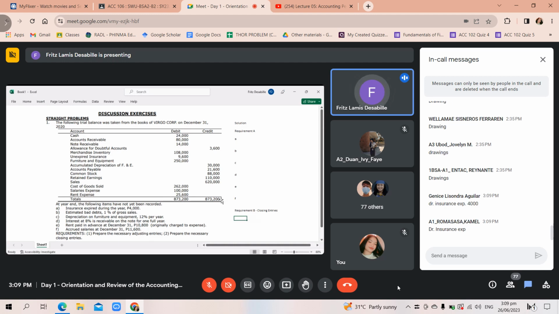Debit insurance expense, correct. Because if you have noticed, we have not yet recognized insurance expense. Now, kailangan na ta mag-recognize of insurance expense kay naanay portion sa kaning 9,600 nga na-expired. So, debit insurance expense for 4,000. Next, what will be our credit?